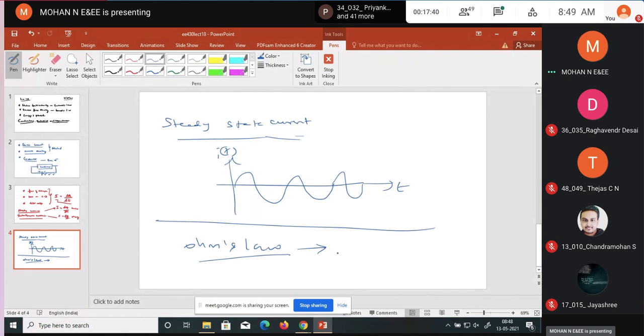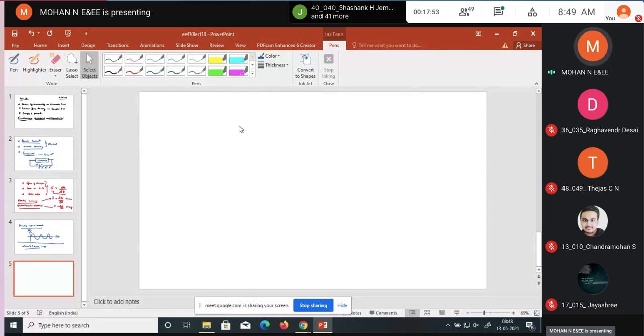and hence we have to have some other concept which plays an important role in analyzing the electromagnetic principles. For that, we have one concept called the current density. Very important here.